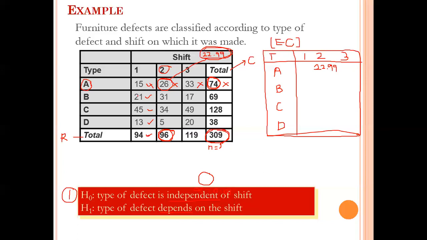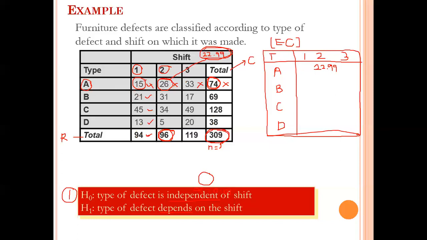So how to get A1? You're going to use the same formula, and you must count for each of the values that have been given. Now for 1A, this refers to the 15. So 15 refers to the total column, 74, and the total row, 94. So you must times 94 with 74 and divide by 309. Again, how do you get the total expected count for A1?